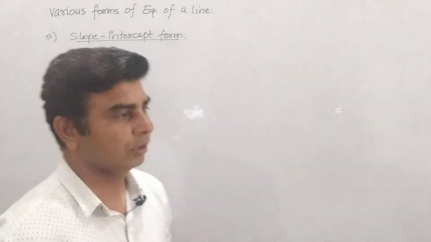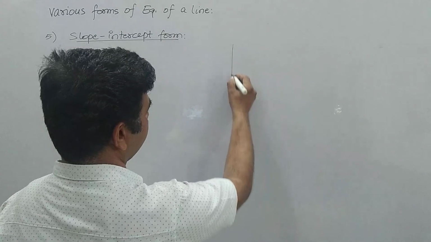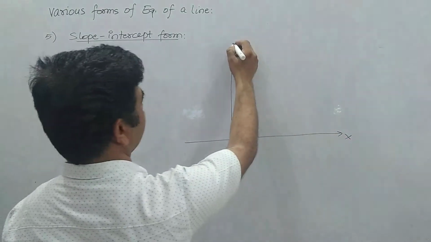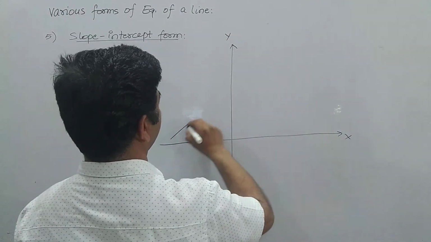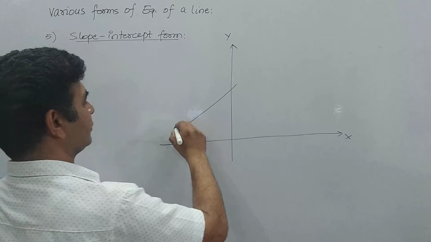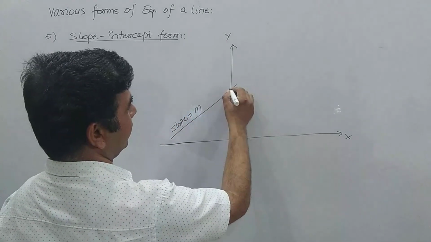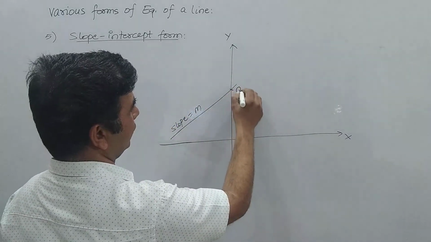First of all, let us discuss the case when the y-intercept is given to you. For that, again consider the same Cartesian system, x-axis and y-axis. Let us consider any line which has slope m and intersects the y-axis at the point C. So this point will be (0, C).